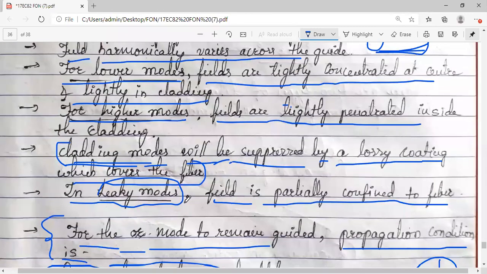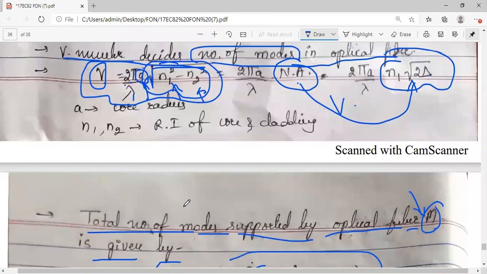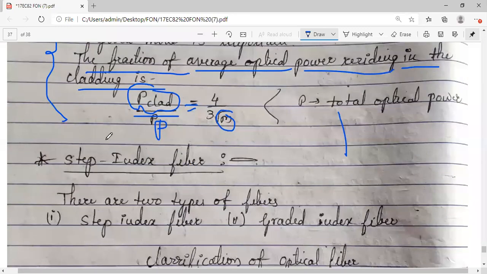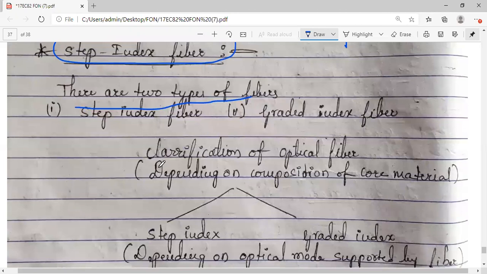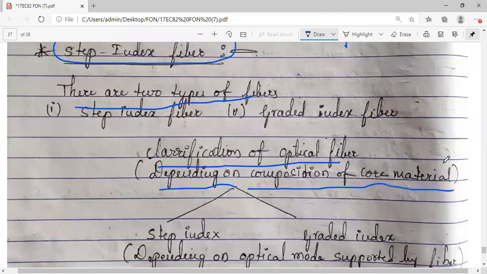Let us go to the main concept, that is classification of optical fibers. Under the heading step index fiber, in your syllabus, step index fiber is given directly, but you should know from where this has come. Basically there are two types of fibers, and this classification is based upon the variations in the composition of core material.